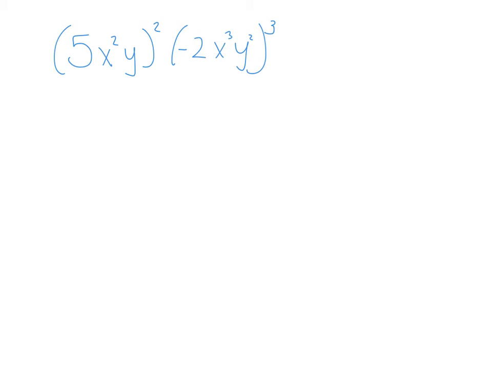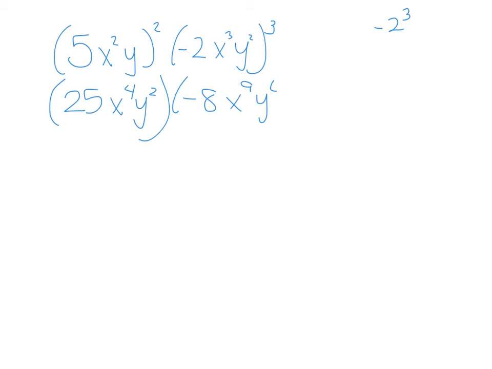So you can go ahead and try this one and then see if you've done it right. In the first parentheses, I'm doing 5 squared, which is 25. X to the fourth, y squared. In the second parentheses, negative 2 to the third is negative 8. X to the ninth, y to the sixth.